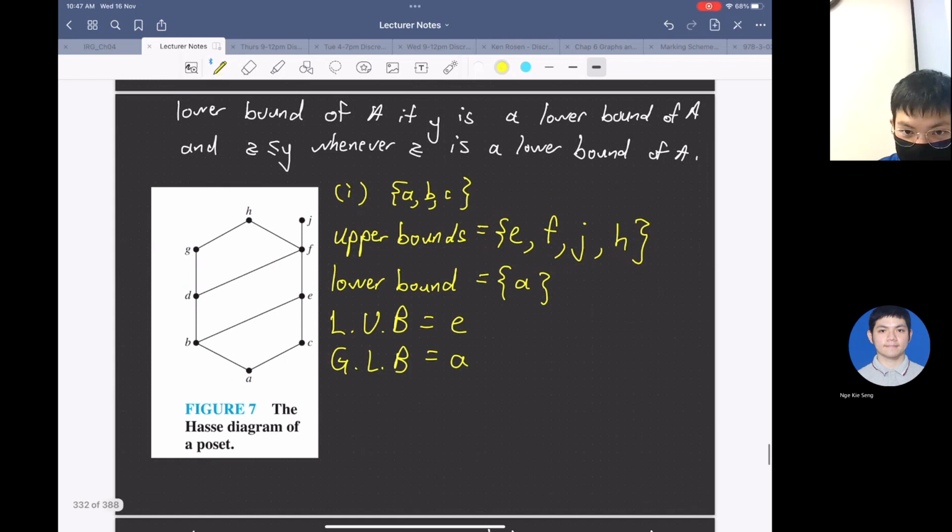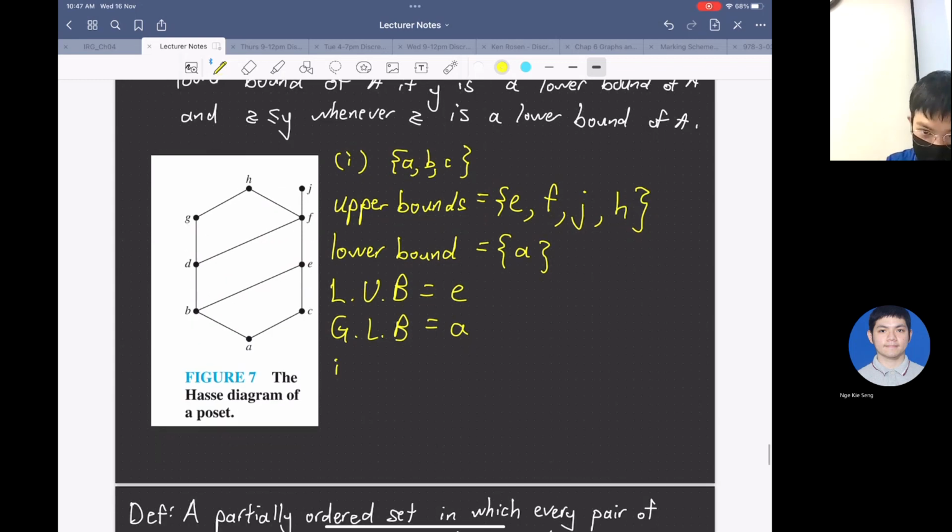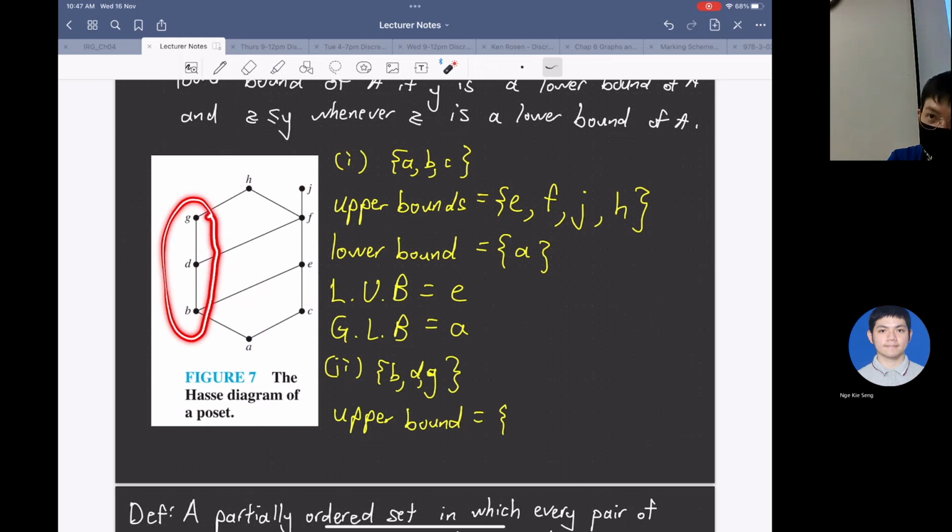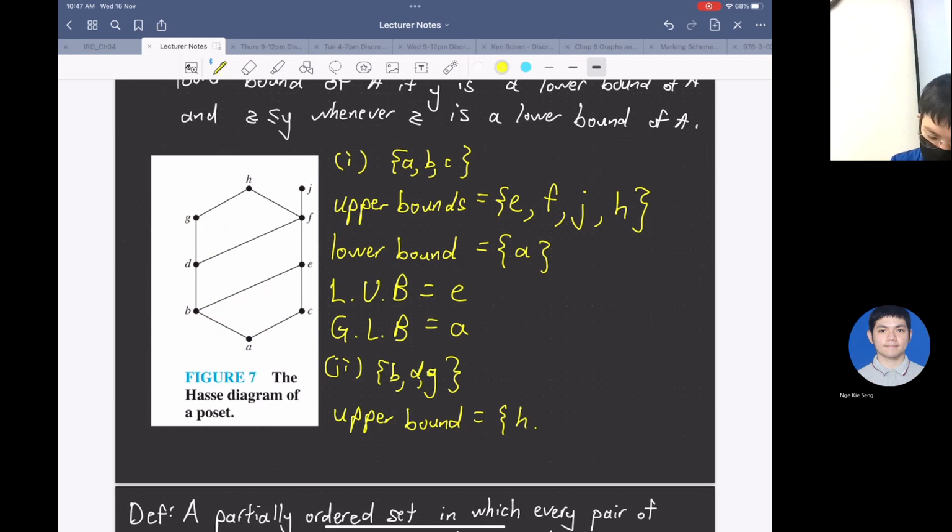Okay, so let's try another example. Take the subset B, D, G. What are the upper bounds of B, D, G? H. Anything else?